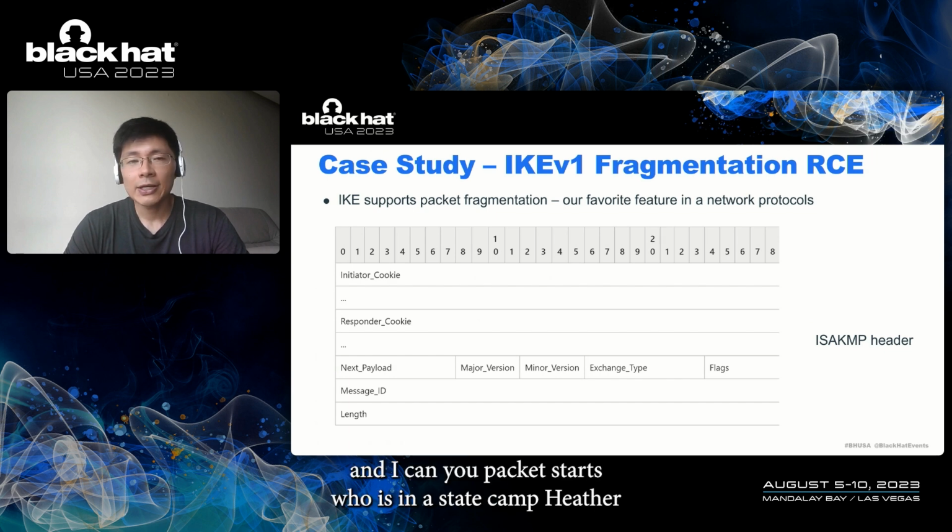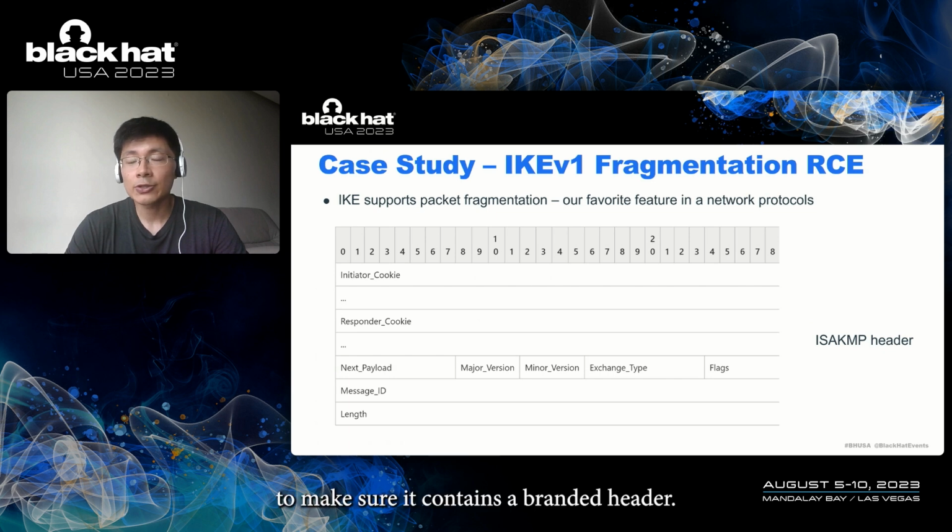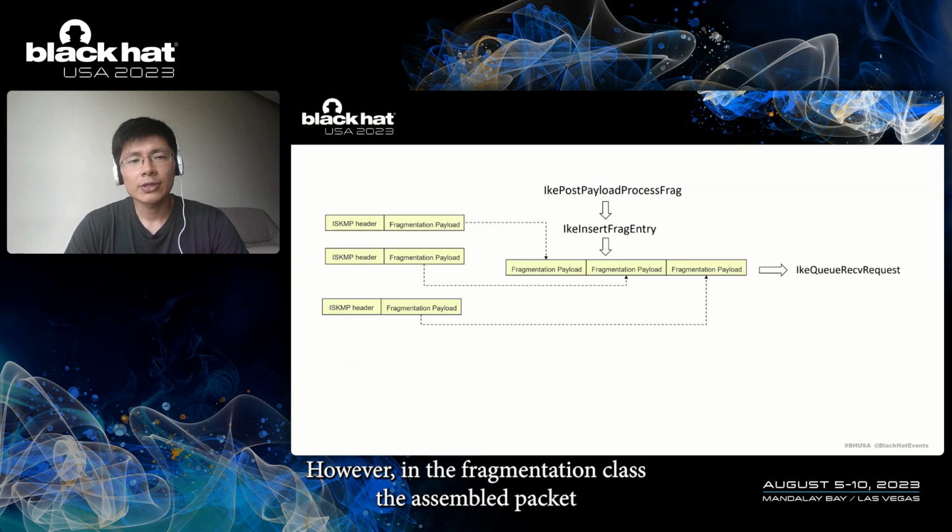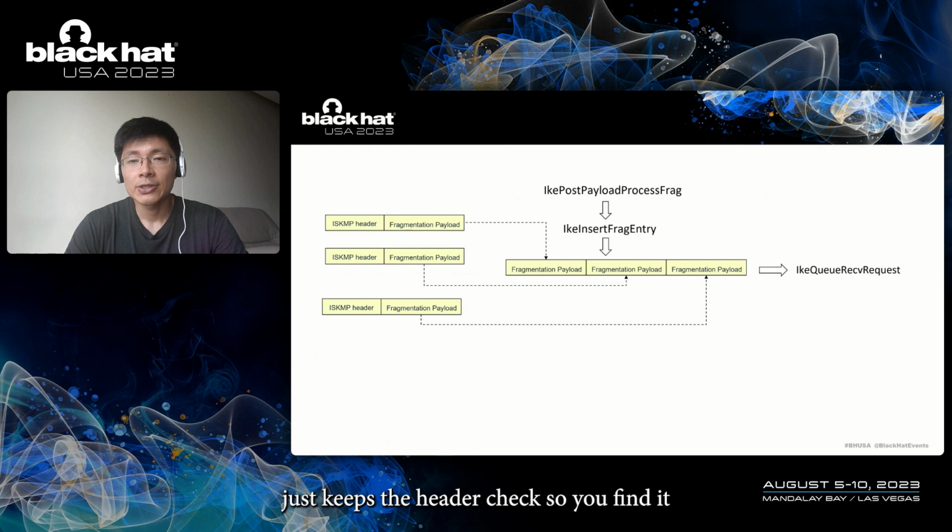An IKE packet starts with an ISAKMP header, and in the normal code path, the server will check the packet to make sure it contains a valid ISAKMP header. However, in the fragmentation path, the reassembled packet just skips the header check, so an invalid ISAKMP header can go through to the later code path, which can cause various problems.